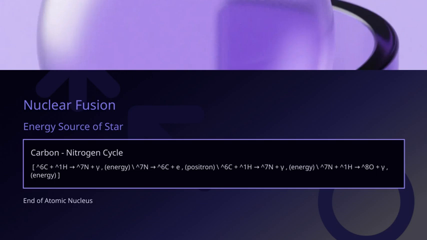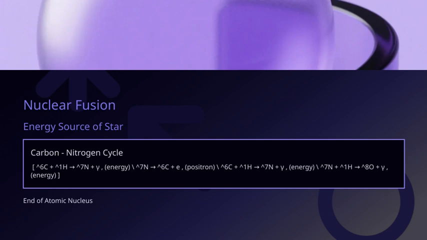These processes are part of a cycle, specifically the carbon-nitrogen cycle, which is a key pathway for energy production in stars that are similar to our Sun. This cycle essentially acts as a stellar engine, converting hydrogen into helium, with carbon and nitrogen acting as catalysts.